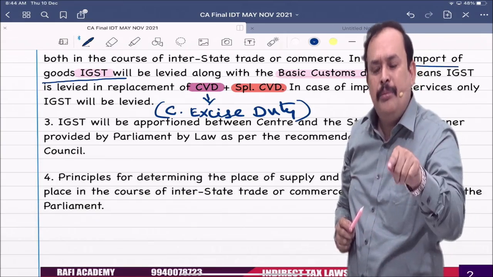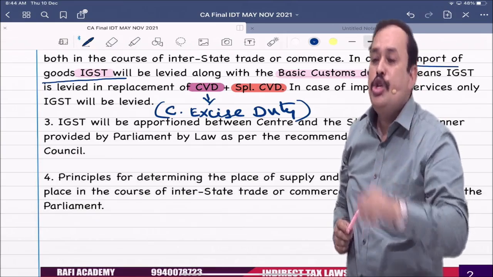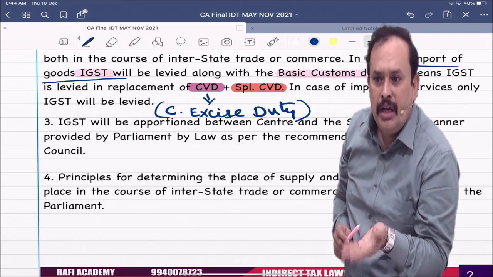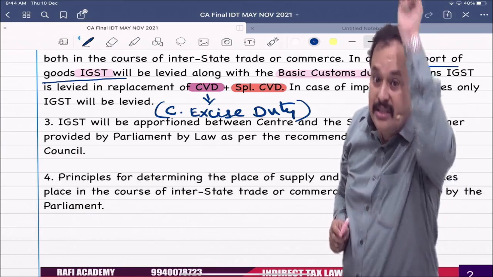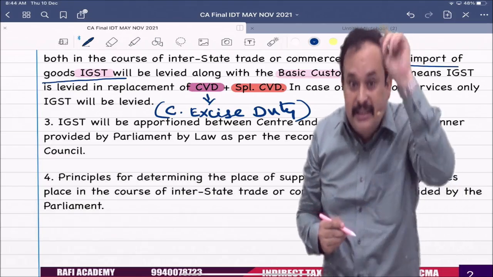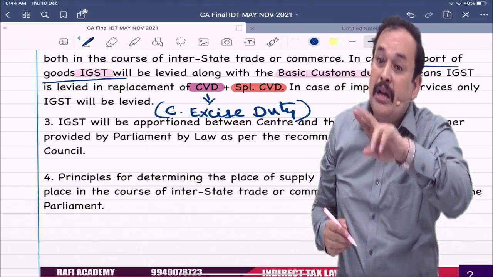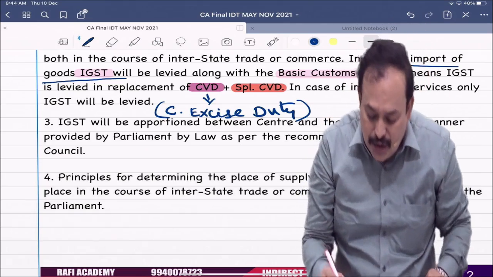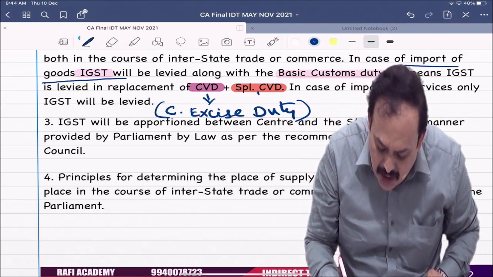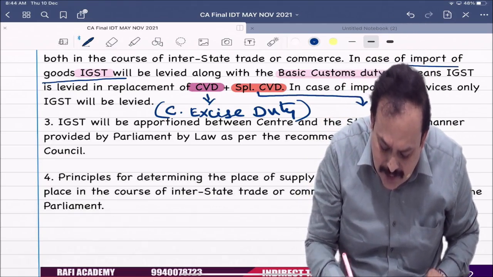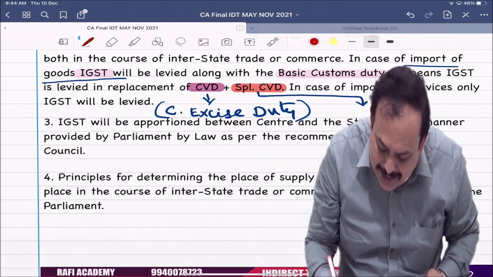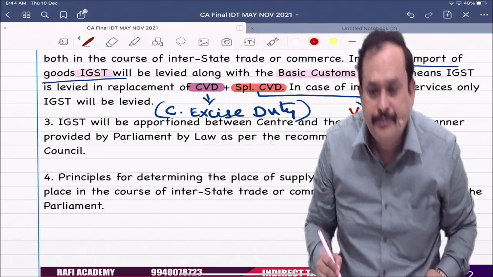At the same time, that imported product, you are going to be selling in India or not? If you sell in India, sales tax will attach or not? That sales tax, at that time, under the customs law was called special countervailing duty, known as value added tax, VAT.